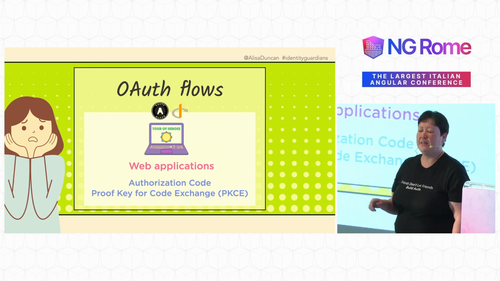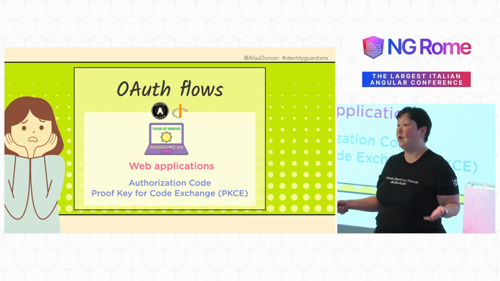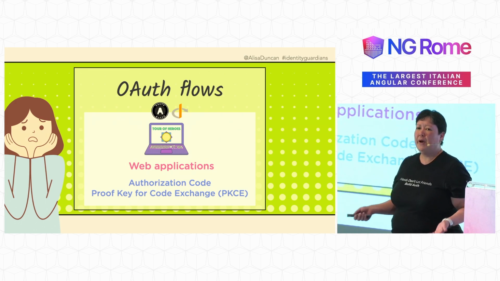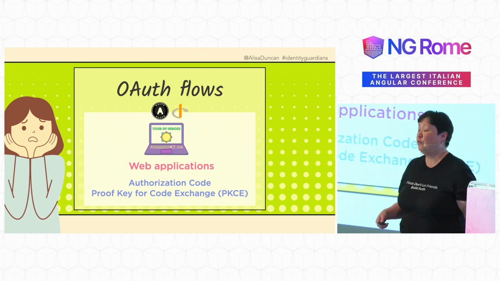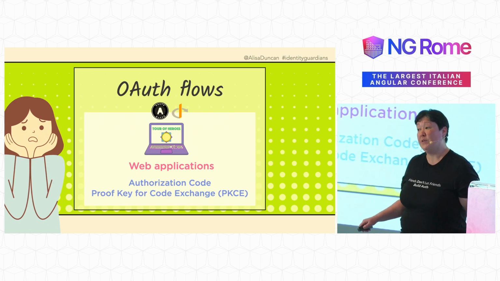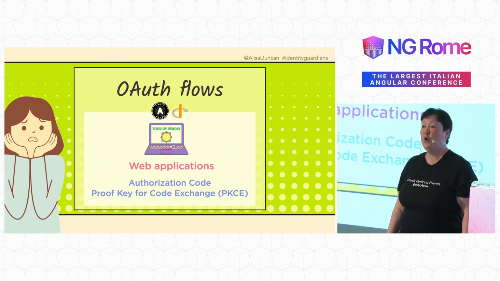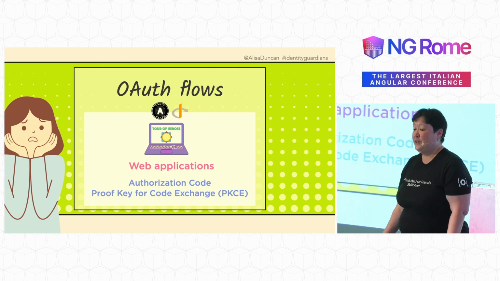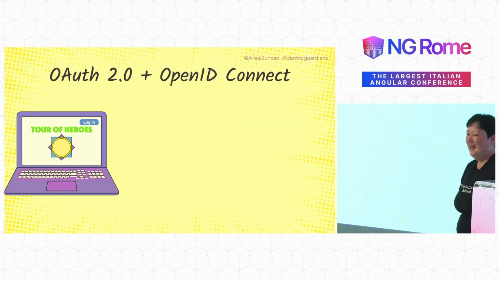Well, I want to call this out specifically because if you're looking up any documentation or any sort of blog content, you might come across recommendations for alternate OAuth flows for your web apps, and that might be outdated. Actually, it is outdated. You should always use authorization code with the proof key for code exchange. Just remember, PKCE is kind of fun to say, so you always want to include that.